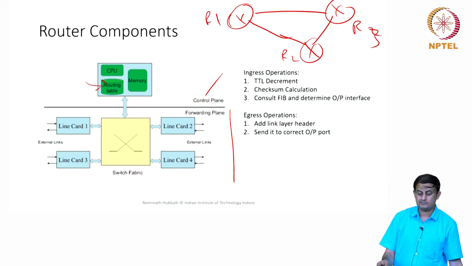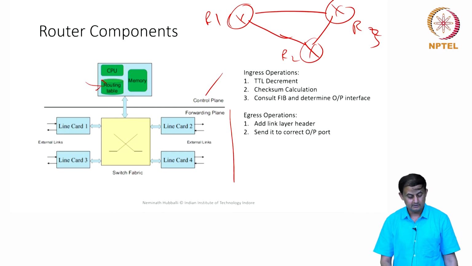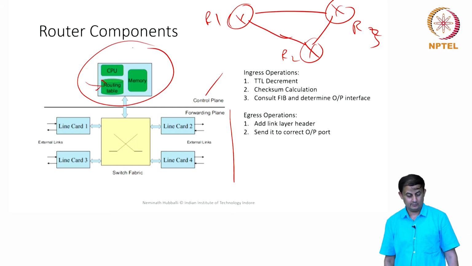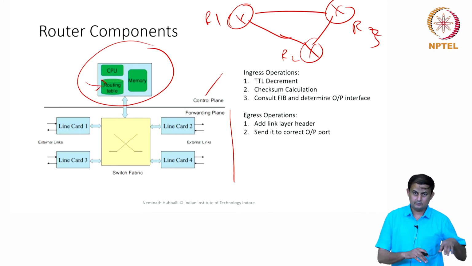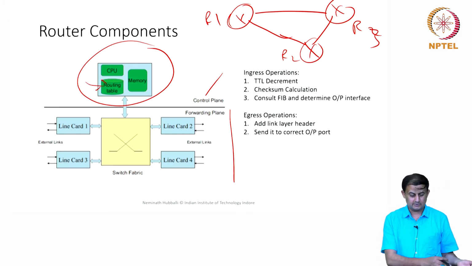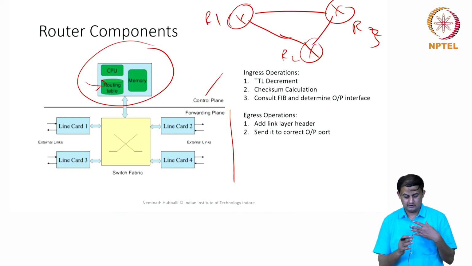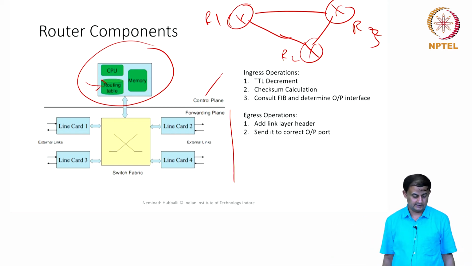Based on that, they keep updating the routing table. That is what is happening in this portion of the router. And we can use typical software algorithms, the normal CPU that you find in your computers. So this is perfectly fine there.